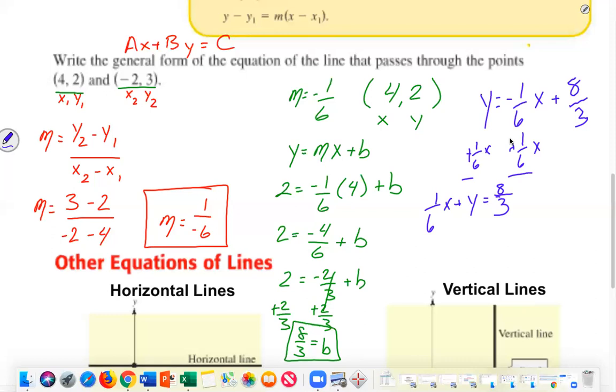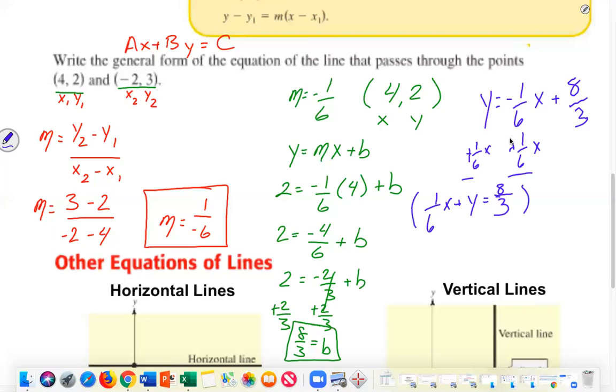Are those fractions? They could be, but they're not. Those are fractions, right? That's a fraction. How do I get rid of the fractions? Which should I multiply by?